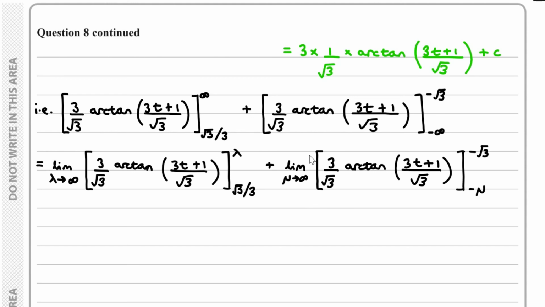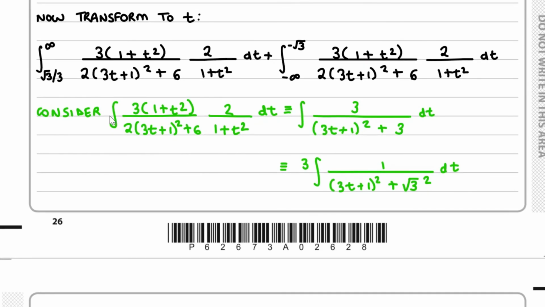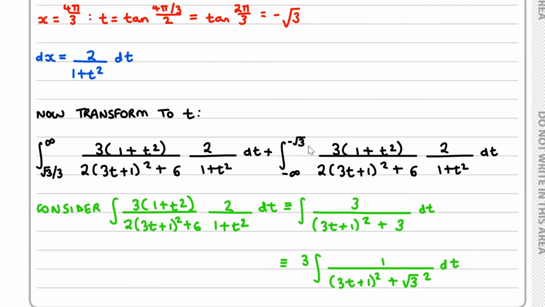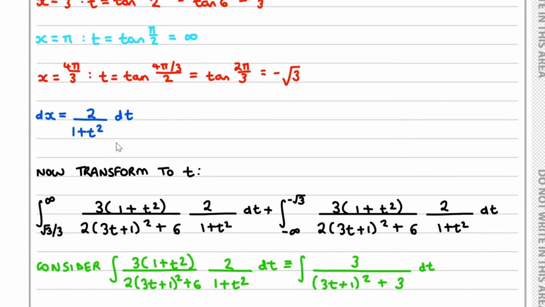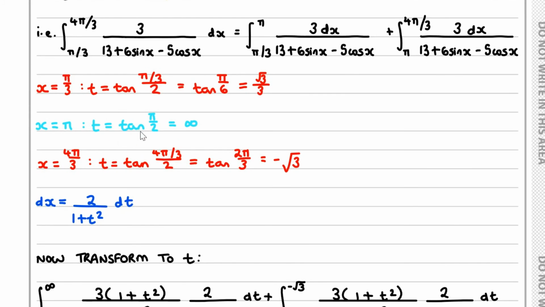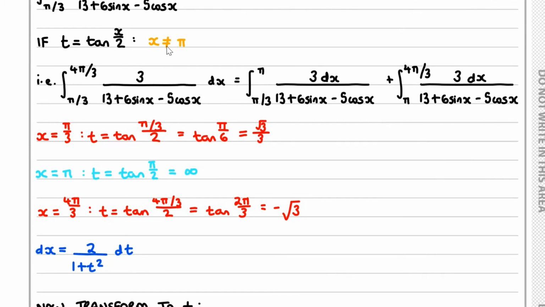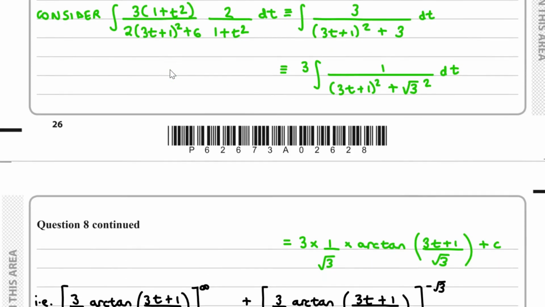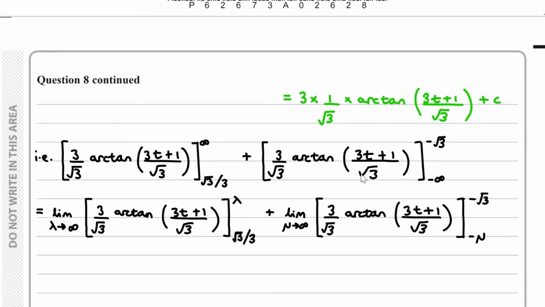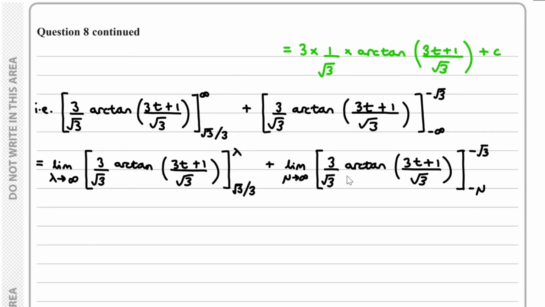So what you need to recognize in this question is, therefore, we had an improper integral. And that's because t is undefined when x is equal to pi. Hence we had an improper integral. So now all we have to do is work all of this out.